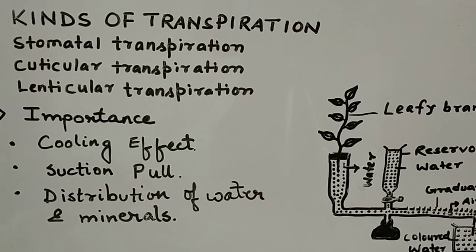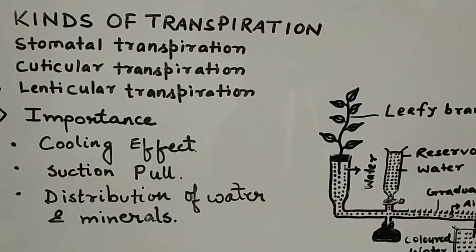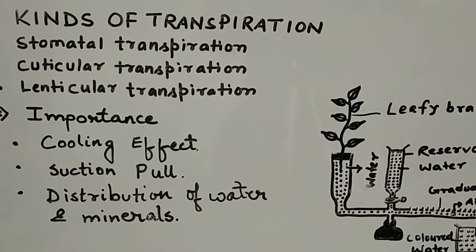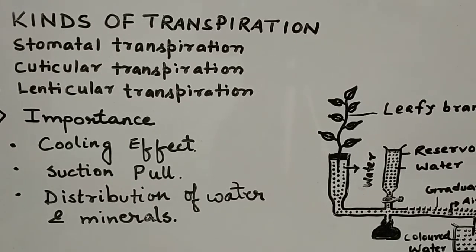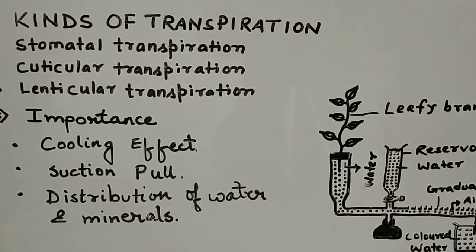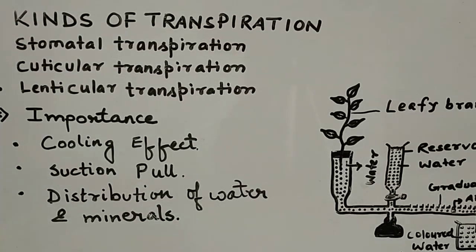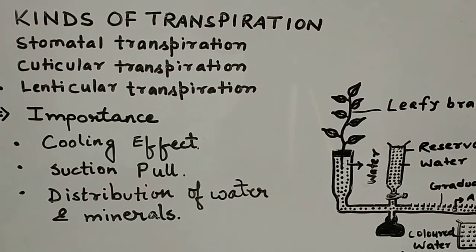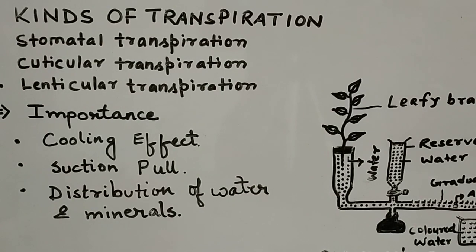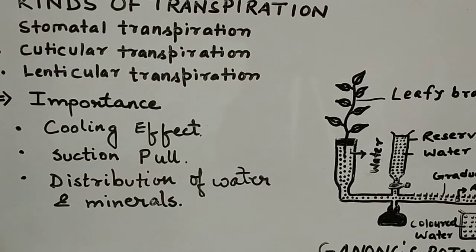Now these are the important introductory parts under transpiration. We need to study the measurement of transpiration also in this chapter. As we know the water vapor is released, and measuring water vapor is not practical. So how are we going to measure it? There are different methods and different devices made for measuring it.